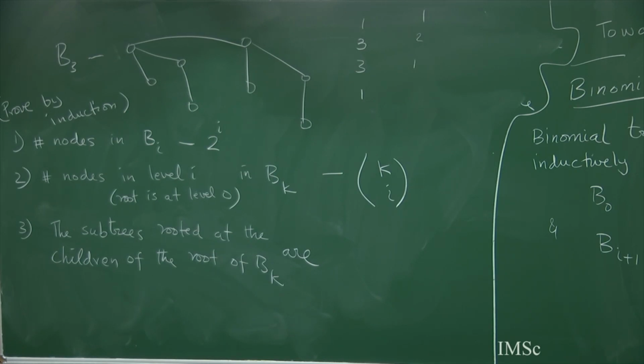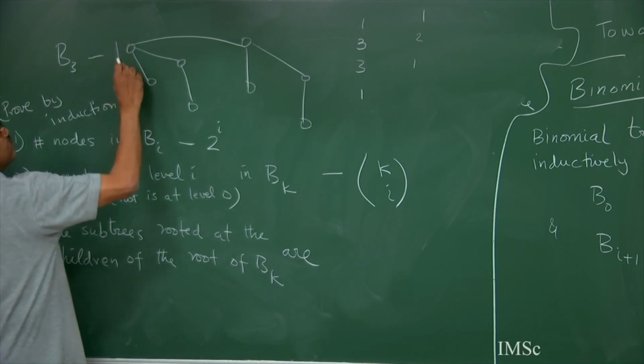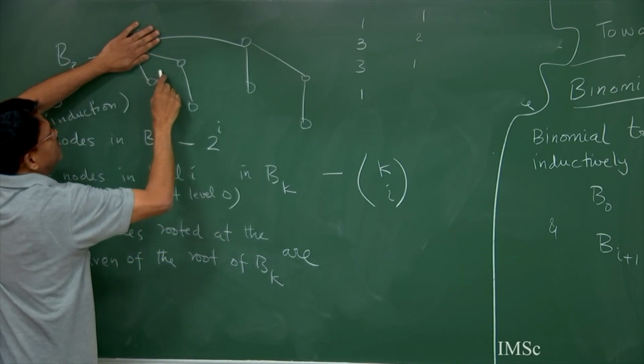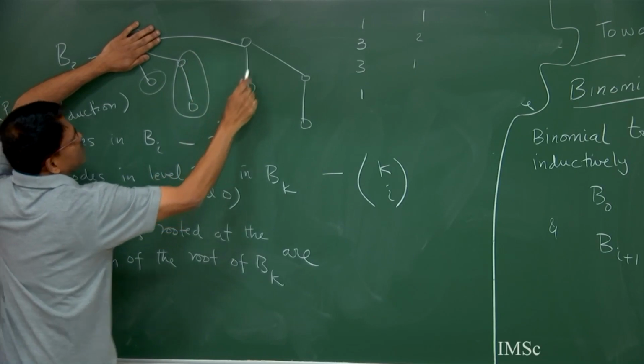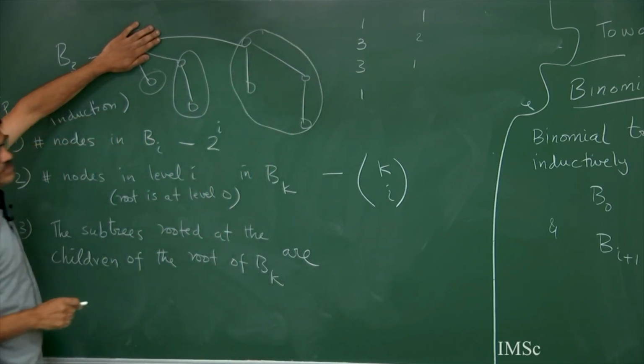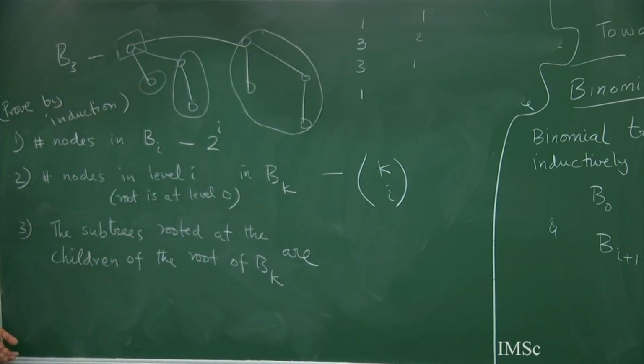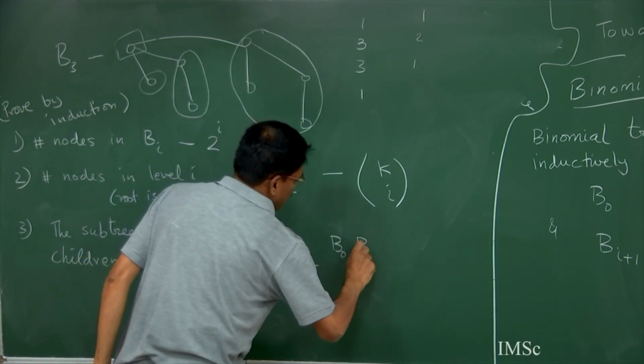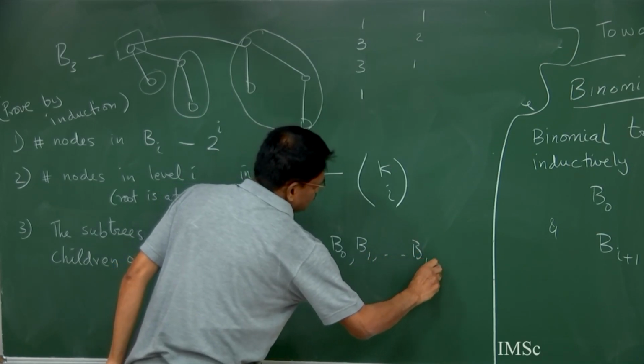Each child is the root of a subtree. Can you say something about these subtrees? Look at this, the root of B3, and if you look at its children, these are the subtrees. Yes, they are B0, B1, up to Bk minus 1.